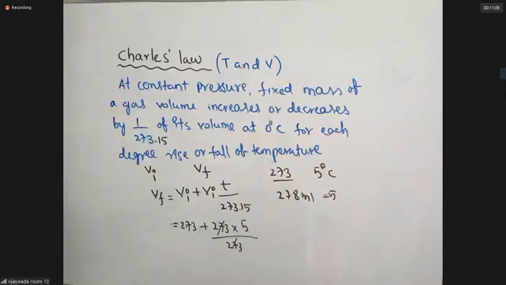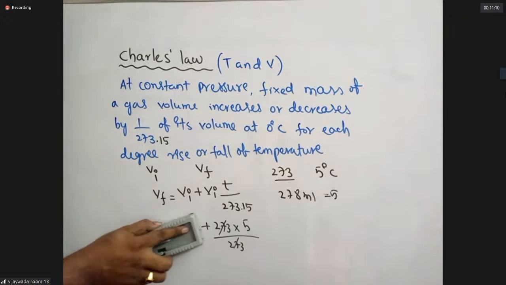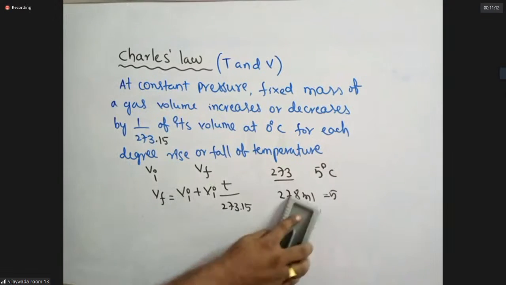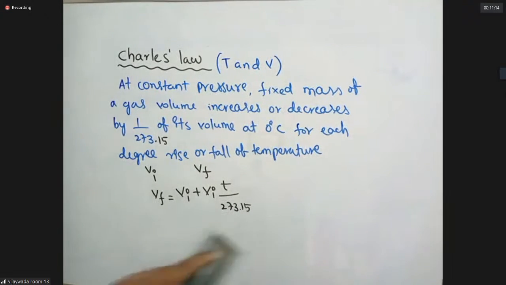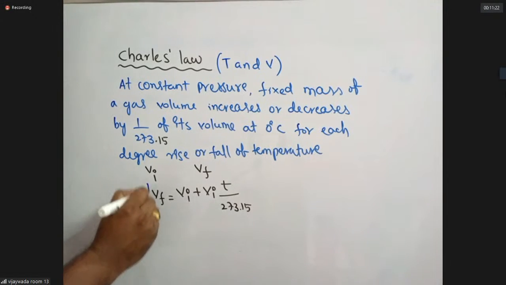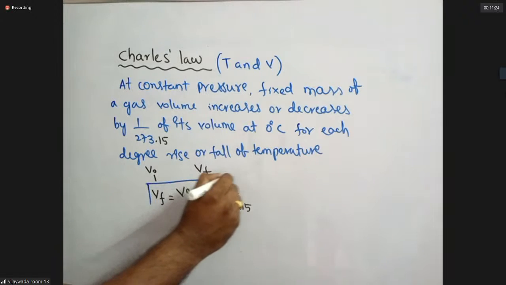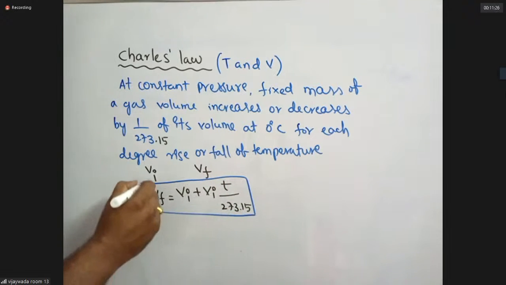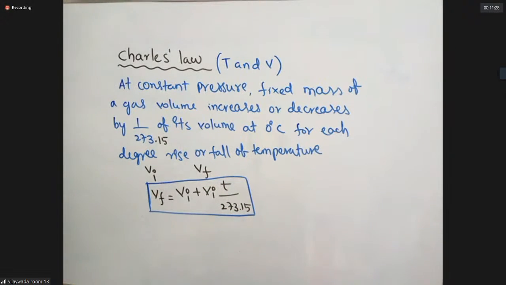So this formula we can use for Charles' law representation: V final equal to V initial plus V initial into T by 273.15.